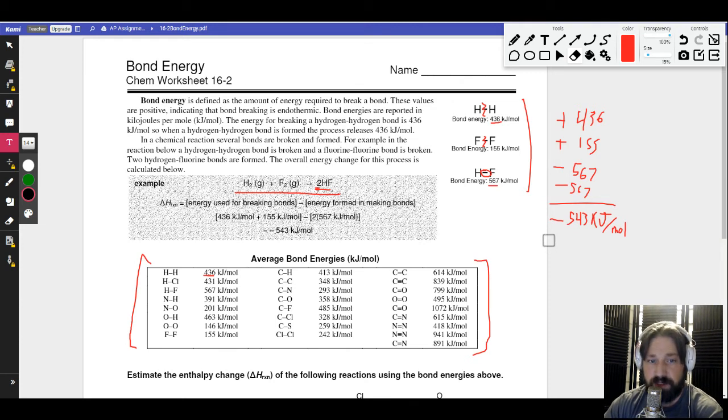It's going to be an exothermic process. So this is nice. This can at least tell us a little bit. Now remember, I said this is estimating what the reaction is going to do. But an estimate is pretty good. I can tell with this that energy is going to be released, and about how much: 543 kilojoules. This is going to be pretty exothermic.